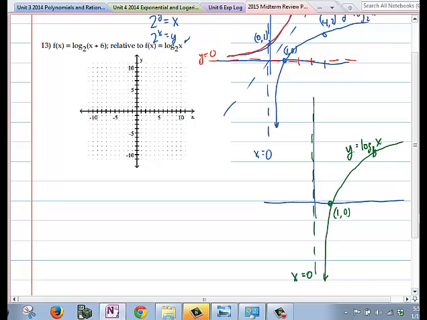So now they want us to do log base 2 of x plus 6, which is just a leftward movement. Remember from our function transformations in the beginning of the year. A left movement: if you set x plus 6 equal to 0, you'll solve and find that the function relocates to x equals -6.